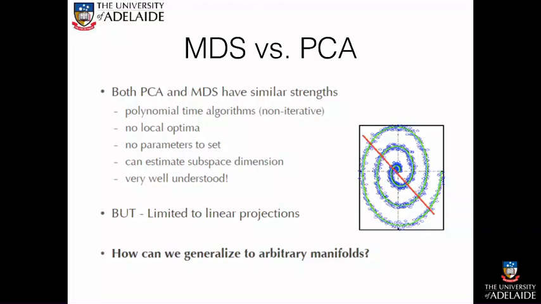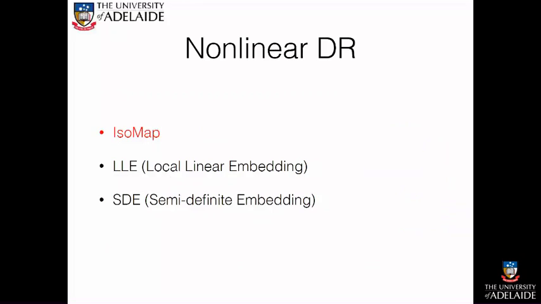We find the linear projection, but if you check this example, it's highly nonlinear, right? A linear projection will not give you very good results. So we want to generalize to nonlinear manifolds. That's the idea of Isomap, LLE, and SDE.